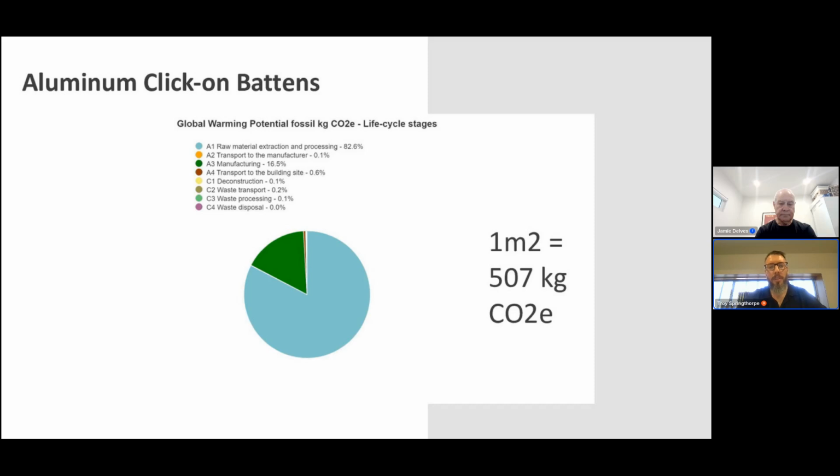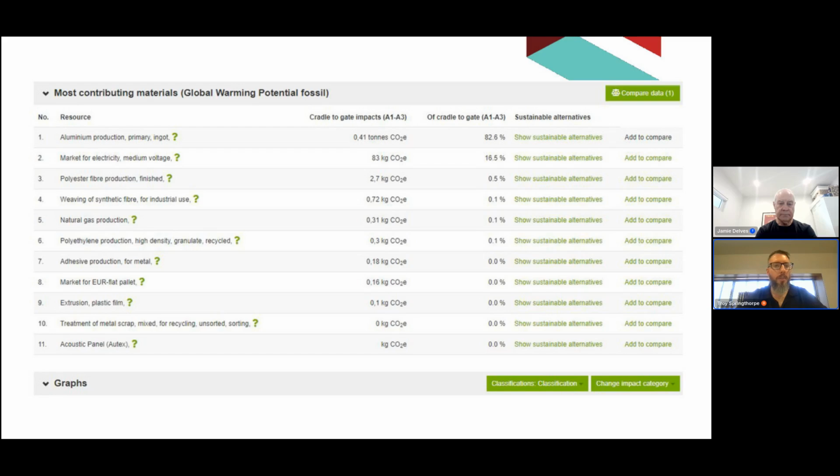And then we can grab this data and we can dig a little bit deeper. So in One Click LCA, they have something called most contributing materials. And we look at that and we straight away establish that the aluminium production is the highest contributor.